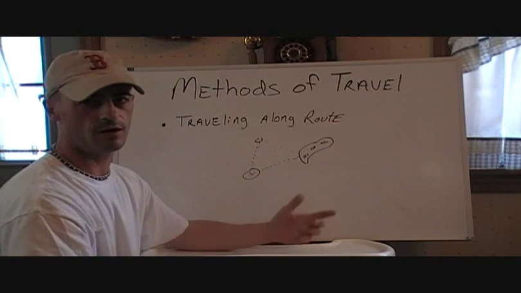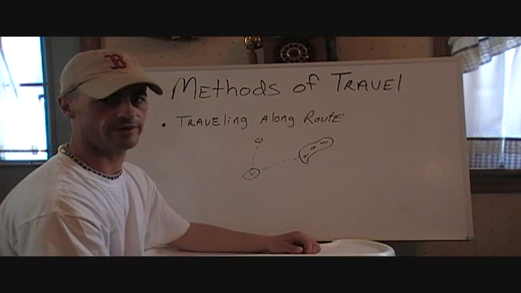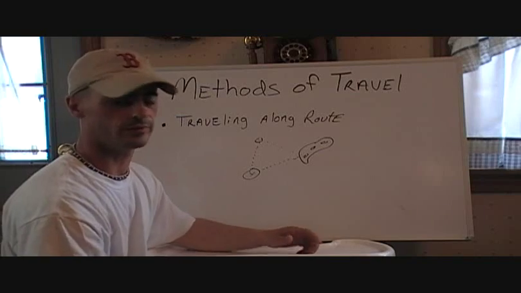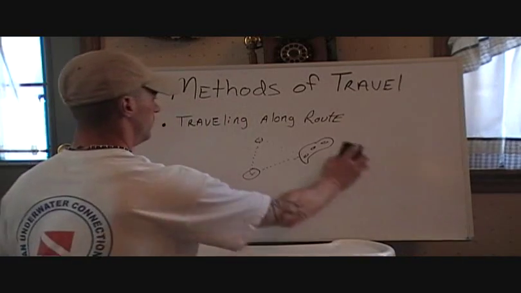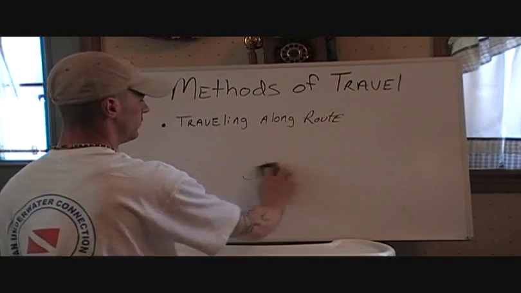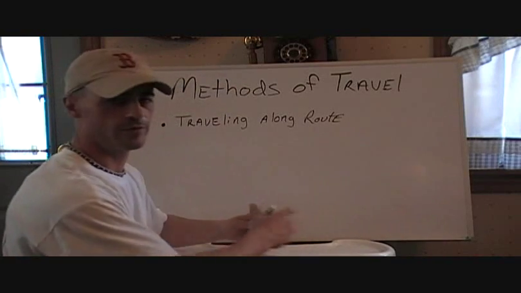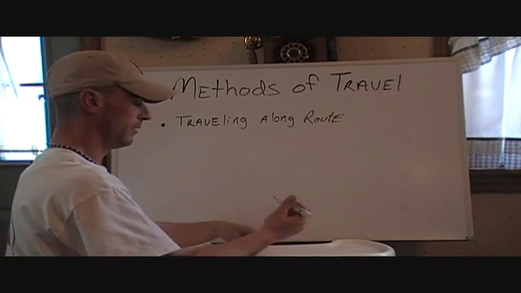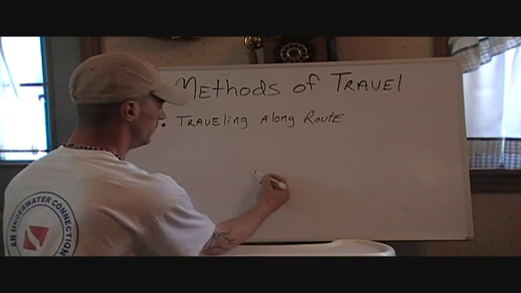That's traveling along a route with a series of azimuths. So pretty simple there. The last one, my preferred way of travel, is terrain association.